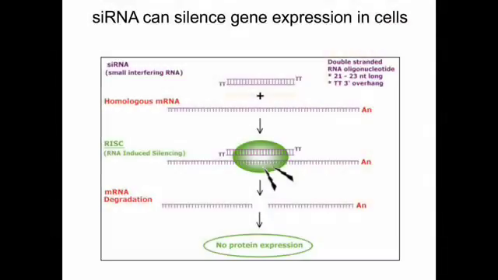So the way that siRNA works is the following. You can, for example, introduce this siRNA into cells, and then it finds the homologous mRNA, and this siRNA then forms a complex with RISC, leading to the cleavage of these mRNAs, resulting in the degradation of that mRNA, so there's no protein that's made. And this is at the level of mRNA degradation.